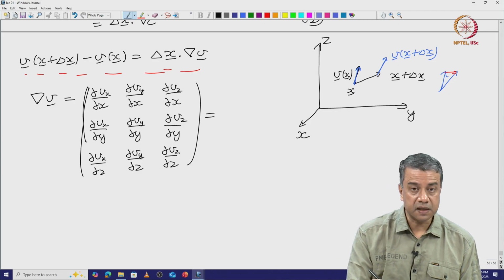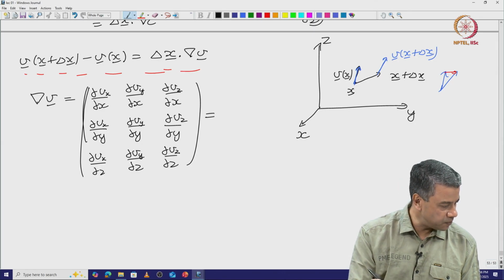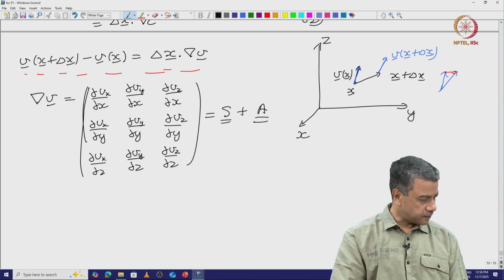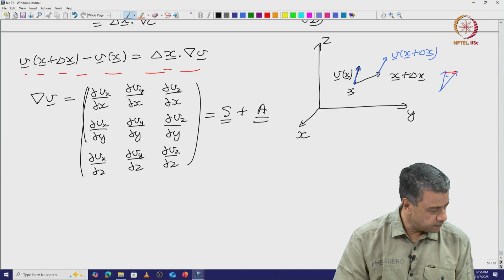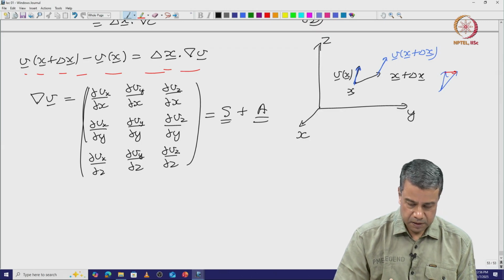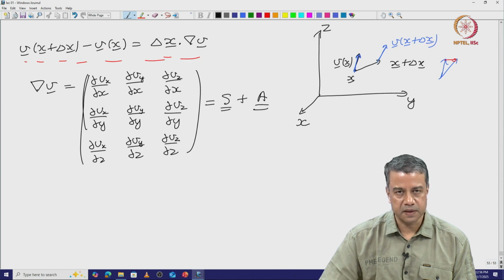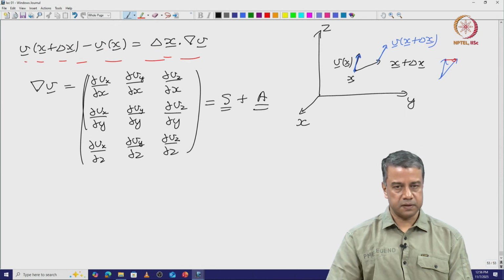This tensor, any tensor, can be written as the sum of two parts. One is a symmetric tensor plus the other is the antisymmetric tensor. Any tensor can be expressed as the sum of a symmetric tensor plus an antisymmetric tensor.